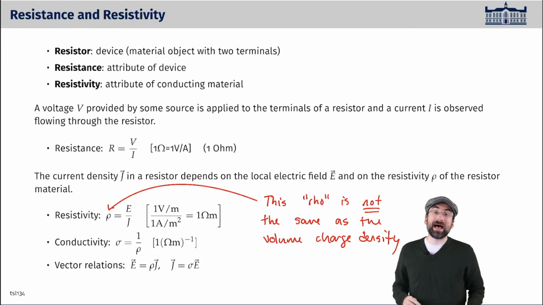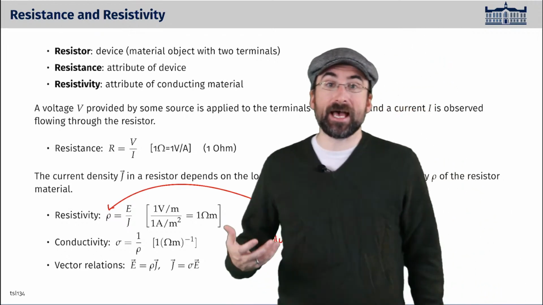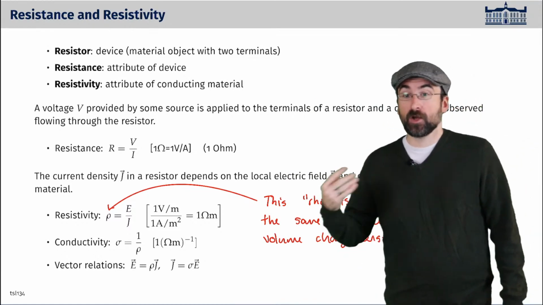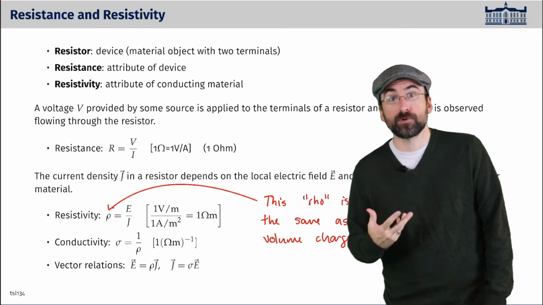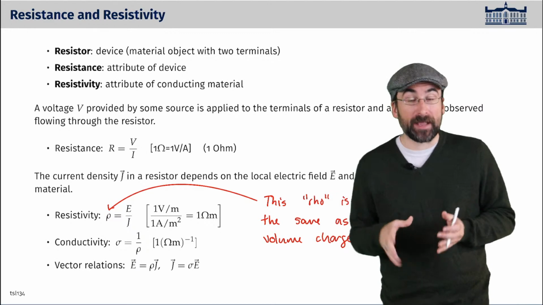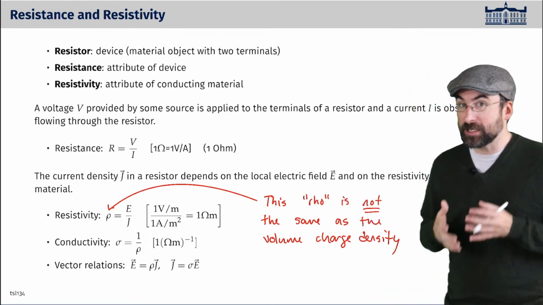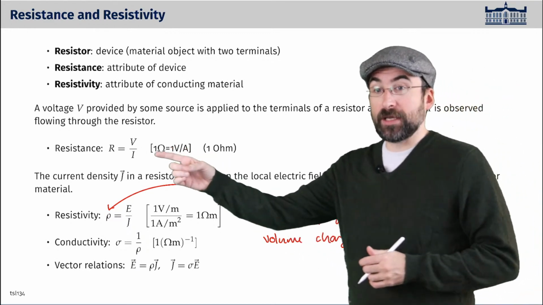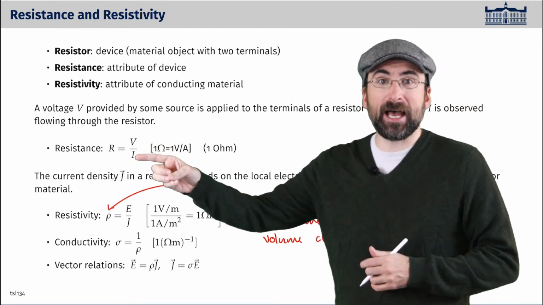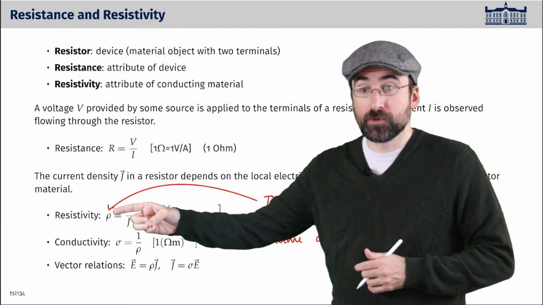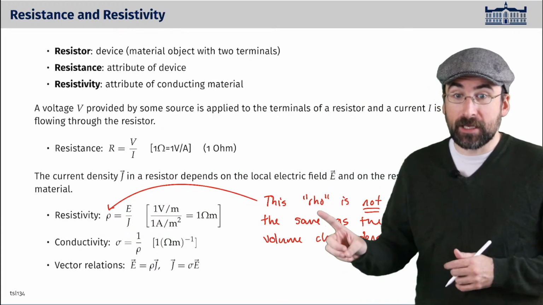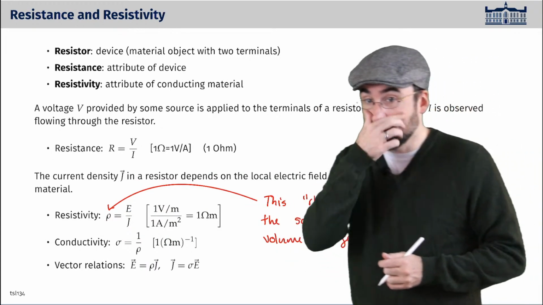The unfortunate reality is that we in physics have many different quantities and concepts that we need to represent using variables. Unfortunately, there are only so many symbols available for our use, so we do reuse them sometimes. Note that we also use V for volume, capital V for volume. We also use I for the moment of inertia. We use rho here for both the resistivity in unit 2 and the volume charge density in unit 1.